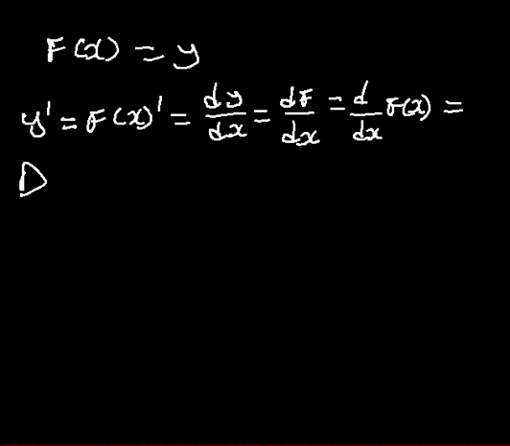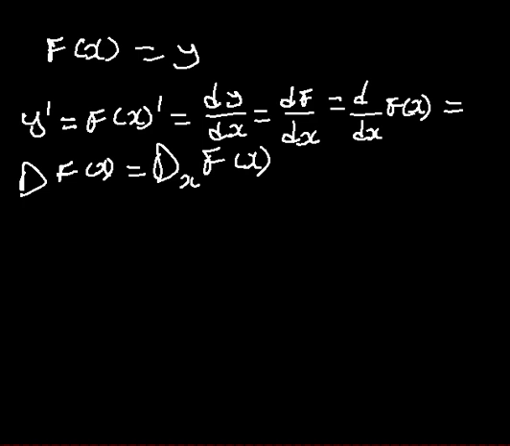Capital D of f of x, that is another notation where capital D corresponds to the derivative of the function f of x. And also, this is the same as D sub x of f of x. So these are the typical differentiation notations that you need to understand.